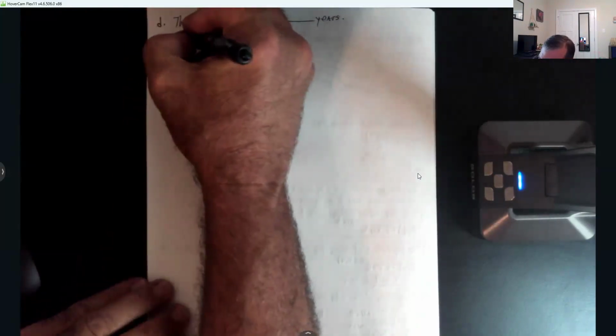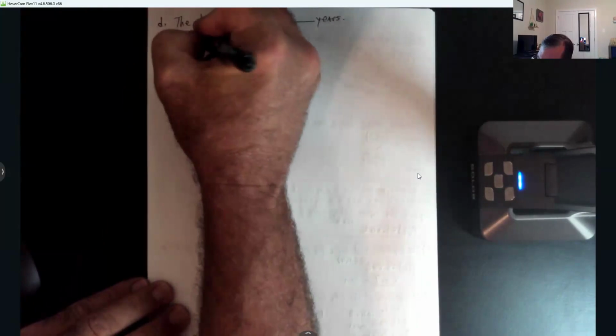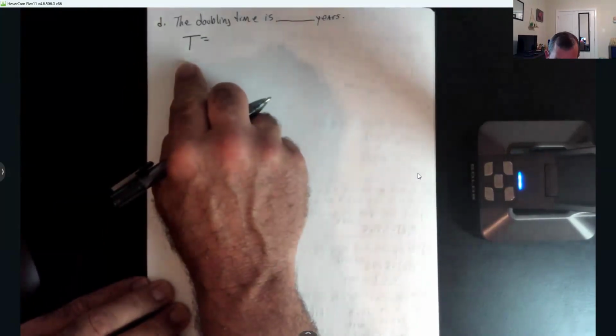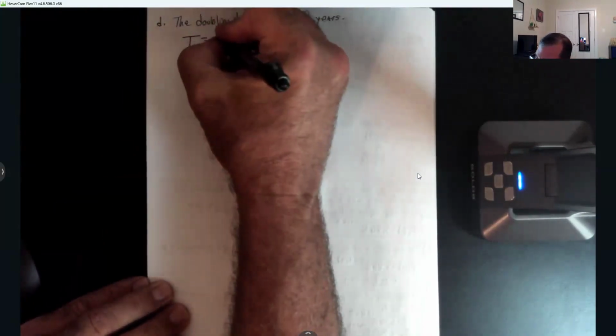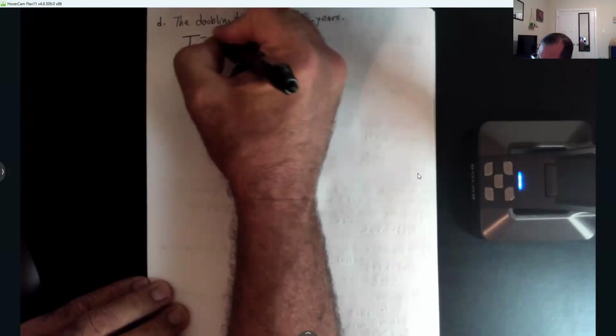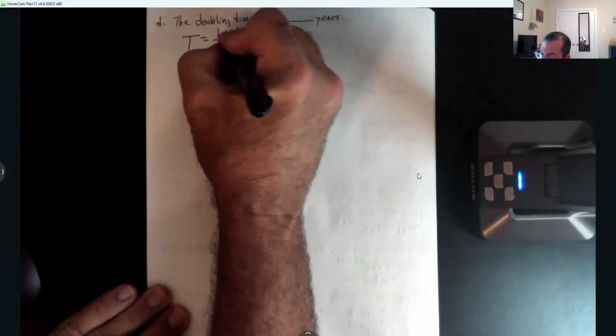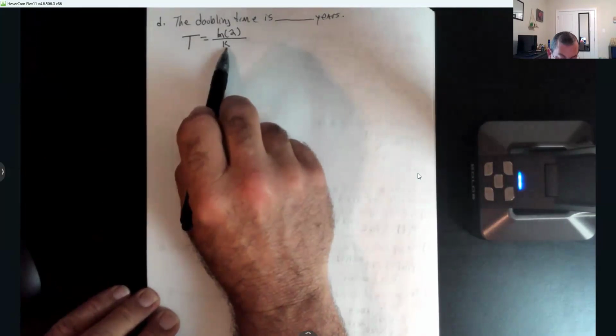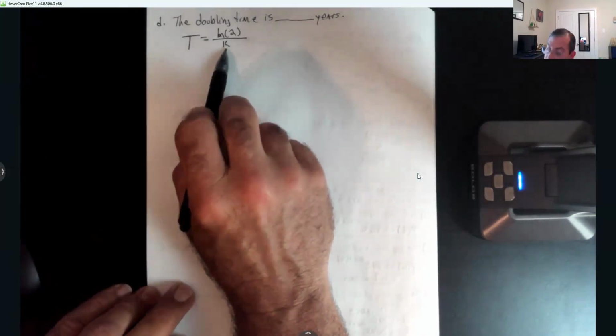But we got a formula. So we'll use the formula that has t, which is doubling time, equals the ln of 2 divided by k. Now we already know what k is. K was 0.0212.